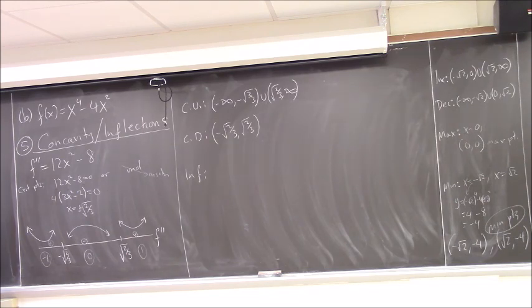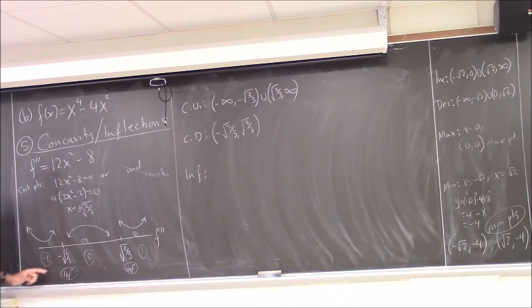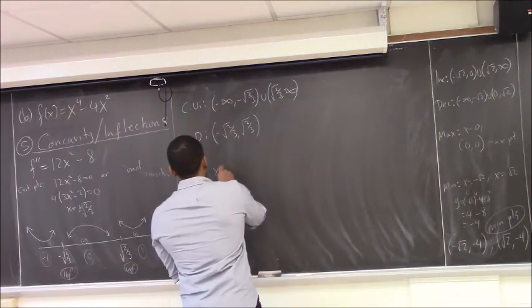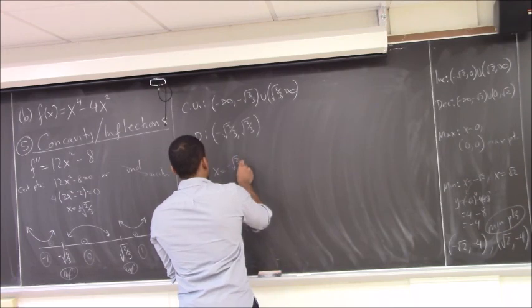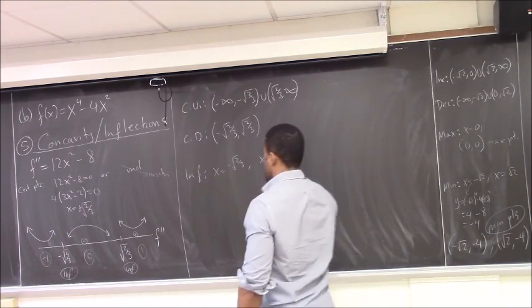Two. Like 2 inflection points? Okay, and here, right? Yeah. Notice that this is a point where I was concave up on this side, concave down on that side. The second derivative switched signs, so that's an inflection point. So we have two of them. Positive and negative, but in the original function, they'll give me the same y value. So x at minus radical 2/3 and x at positive radical 2/3 are inflection points.